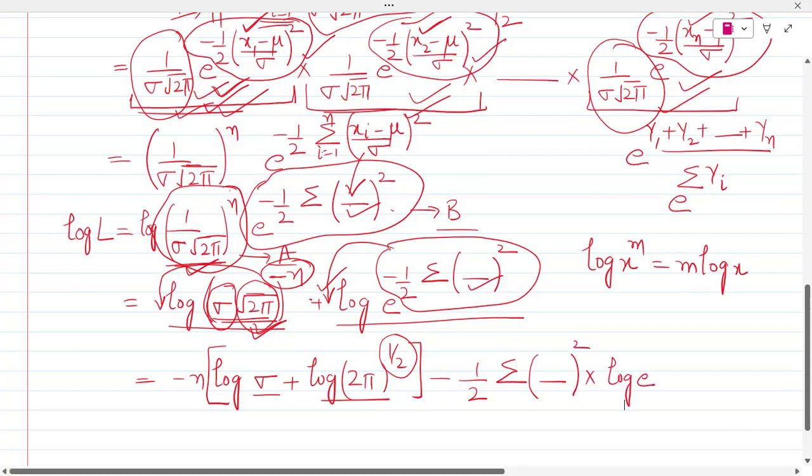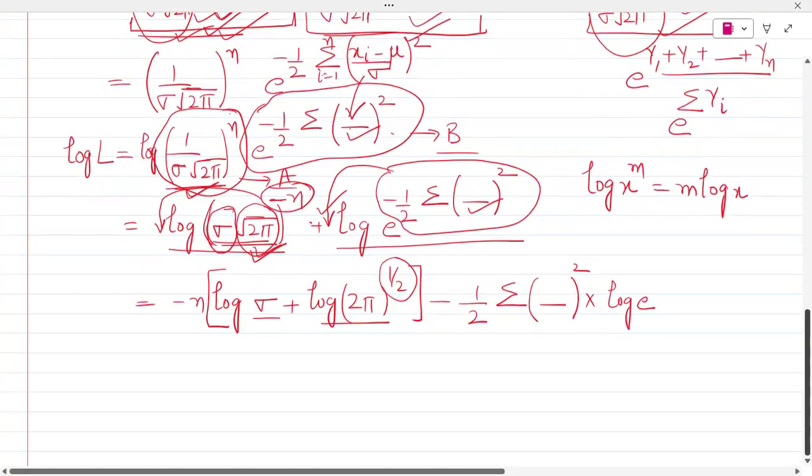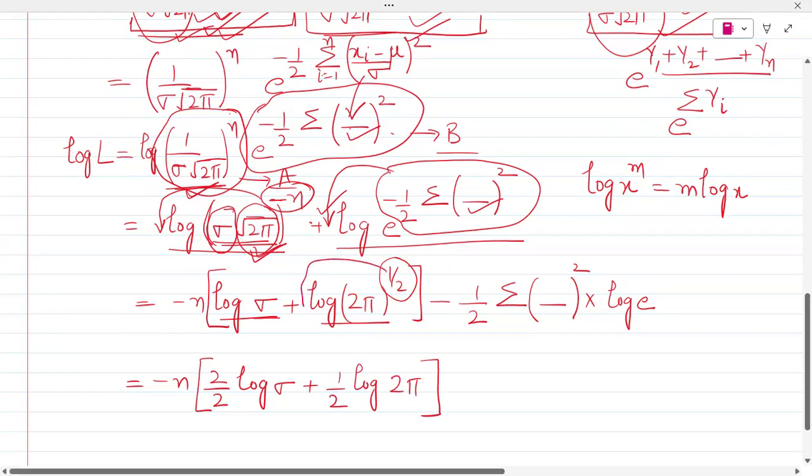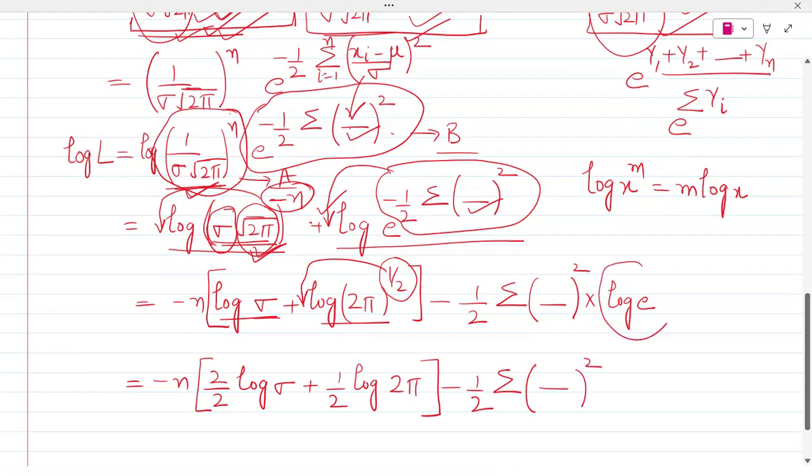Now this thing, minus n, actually minus n log sigma, multiply and divide by 2, and then plus 1 by 2 log 2 pi, the 1 by 2 will be here, and minus half, and this summation of this term will be into log e.